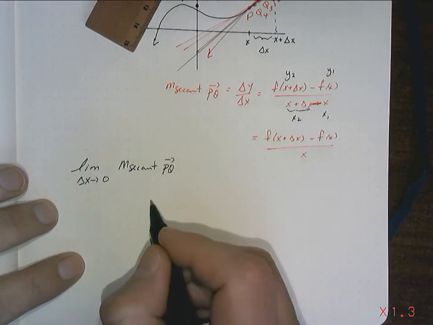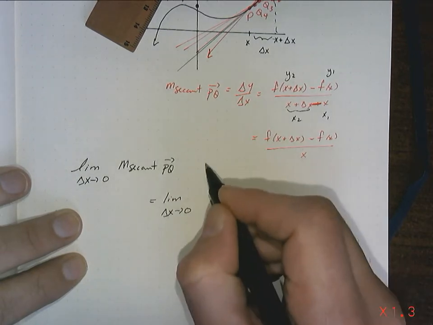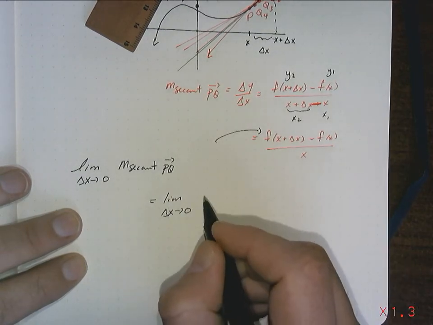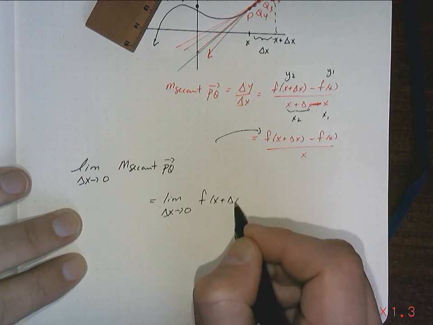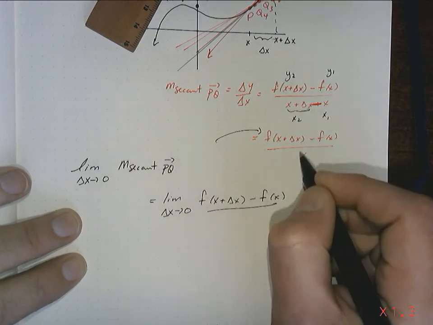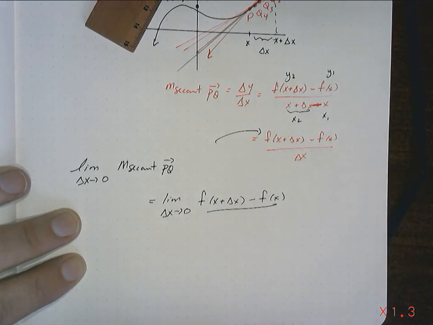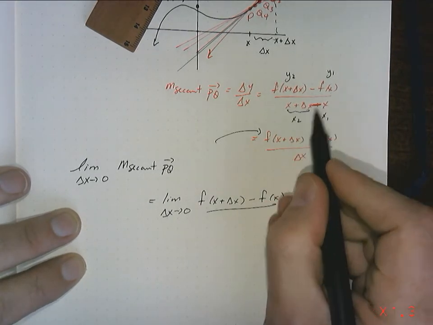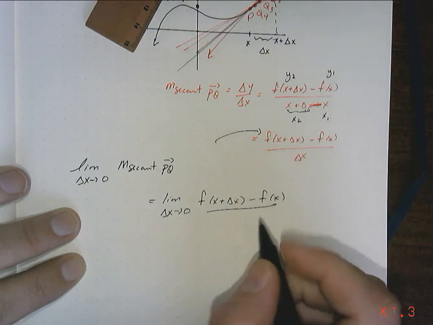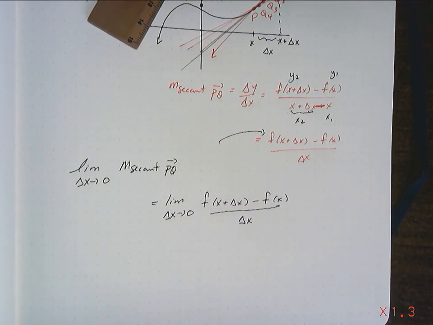And what that gives us is the limit as delta x approaches 0, using this notation now, of f of x plus delta x minus f of x over, oh, this was a mistake. Sorry, kids. That was a delta x. X subtract x leaves me with a delta x here. Over delta x. And this, by definition, is how we're going to come up with the slope of a tangent.